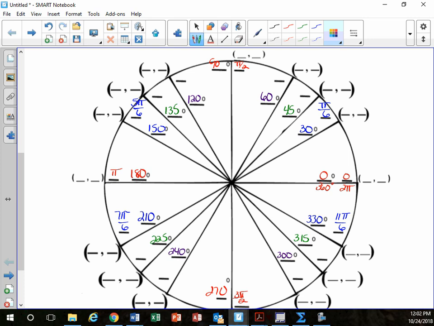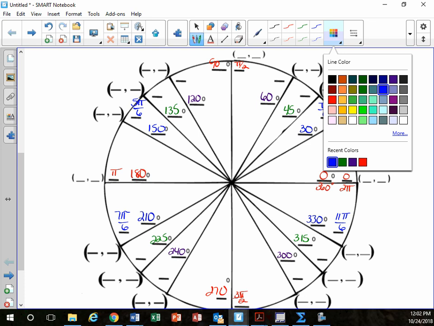Because 2 pi over 6 is in here, 3 pi over 6 is here, 4 pi over 6, 5 pi over 6. You just keep going around with the irreducible fractions. Because 6 pi over 6 is here, 7 pi over 6, 8 pi would reduce, 9 pi would reduce, 10 pi would reduce. Okay, 11 pi over 6 is all the way over here. Yeah? Okay. Are we okay with the blue ones?